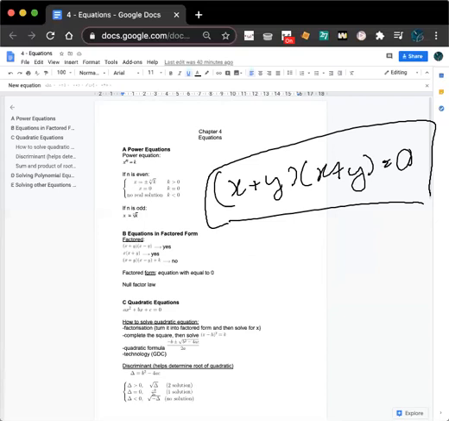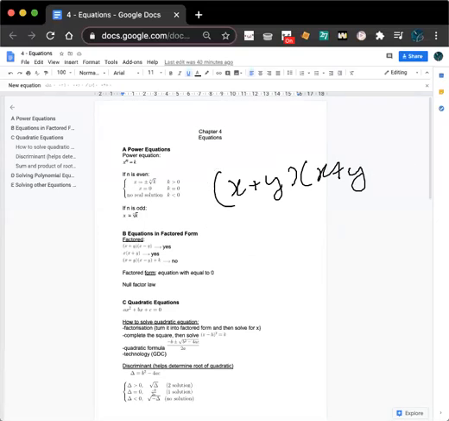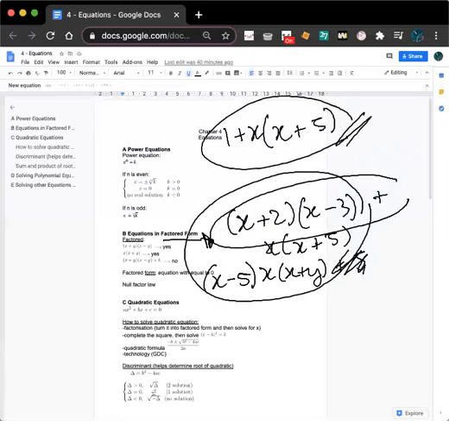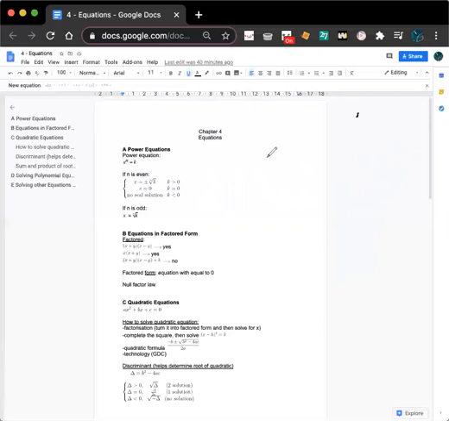As you may know, factored equations, for example, like this one, usually turn into a quadratic equation.